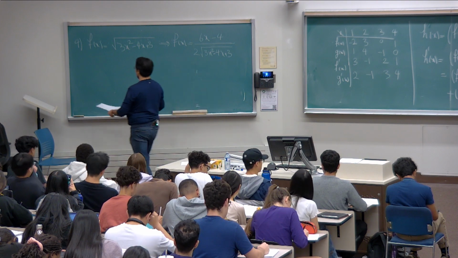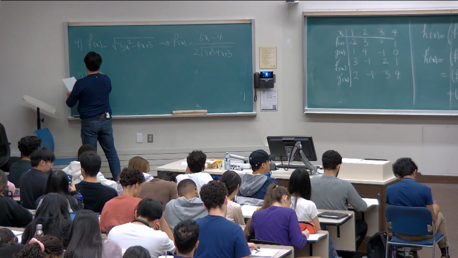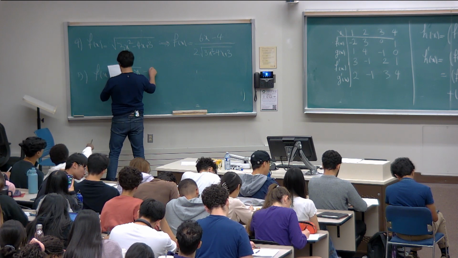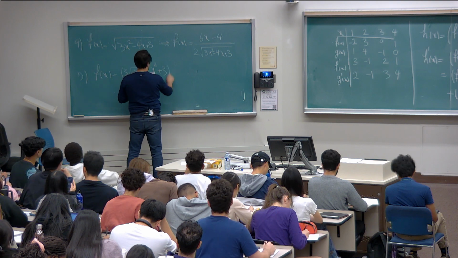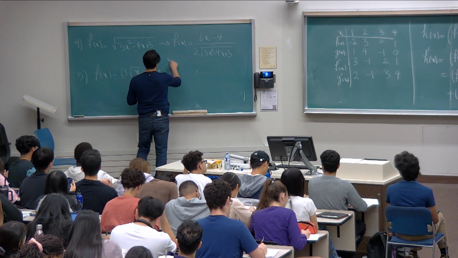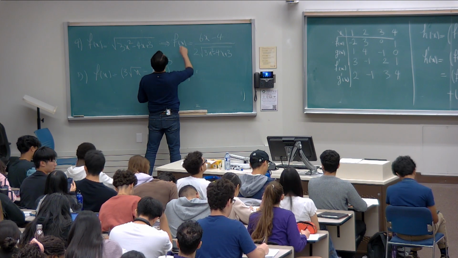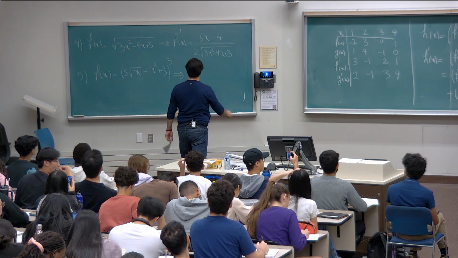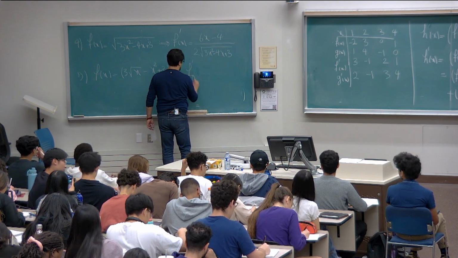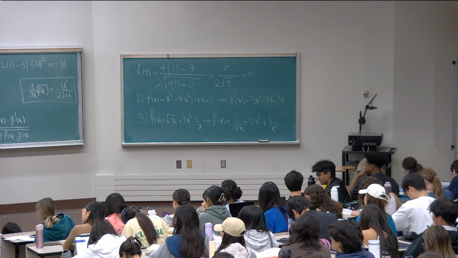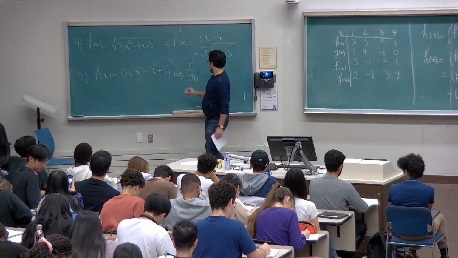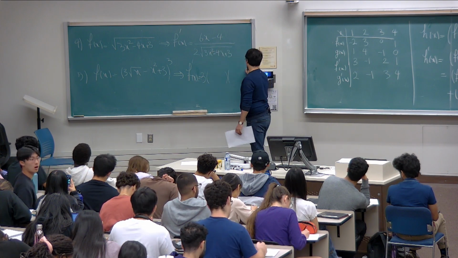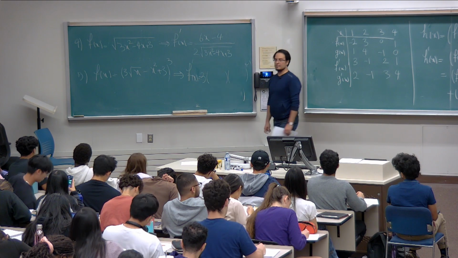The fifth one, this is power rule plus chain rule. Oh, sorry, this is prime, yes? I'm finding the derivative here, yes, okay. So I have a function to the power n, derivative of that function times that function to the power n minus 1.